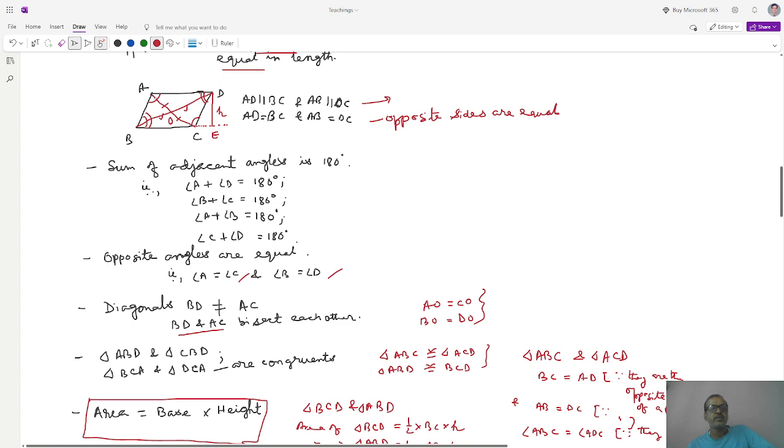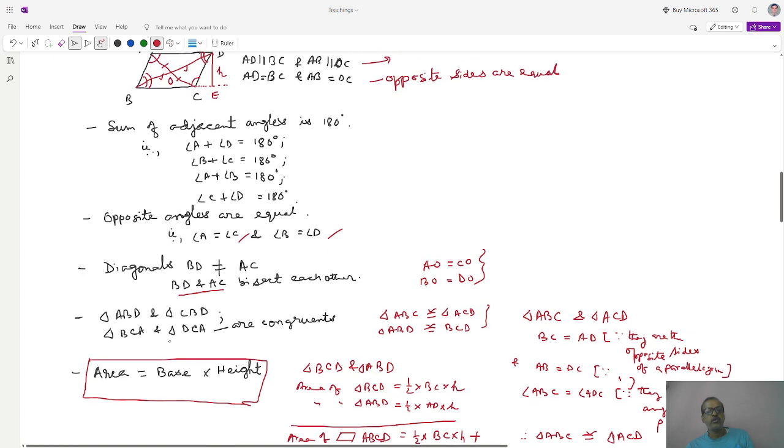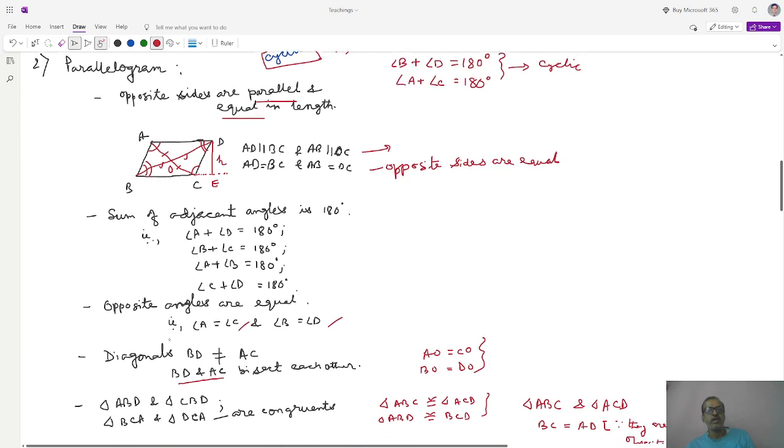If we take the height horizontally, then the base will be AB or DC. According to the taking of height, we have to select the base. So finally, area of parallelogram equals base into height.